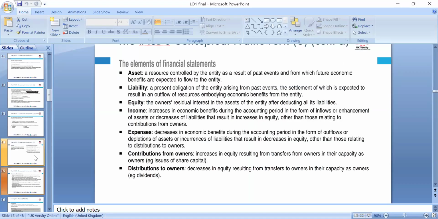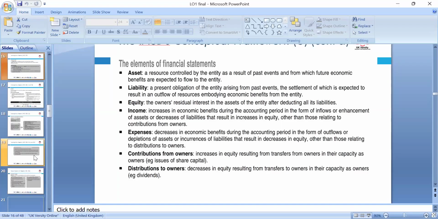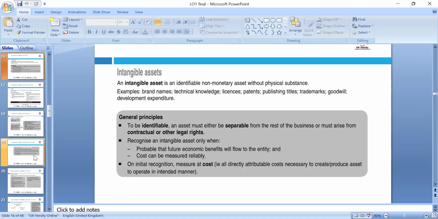When you look at an asset, what goes in the asset is anything owned by the entity which flows future economic benefit. A liability is a legal obligation, equity is the owner's interest, income increases the economic benefit, and expenses reduce it. Contributions from the owner increase equity, while any distribution to the owner decreases equity, which we can see as anything drawn for personal use.